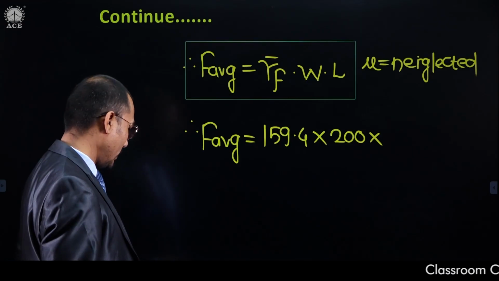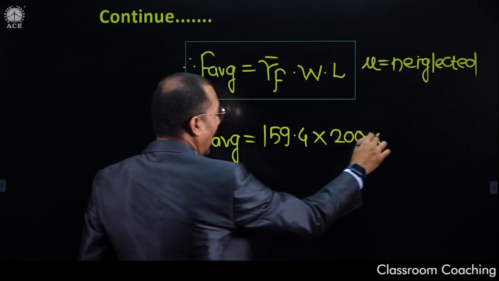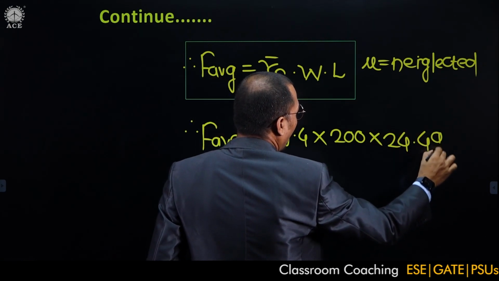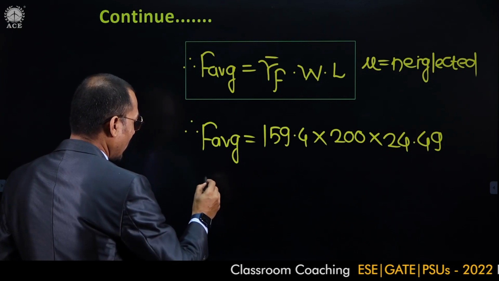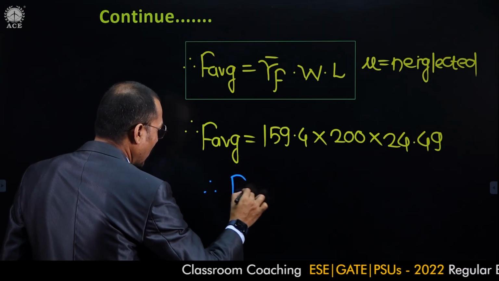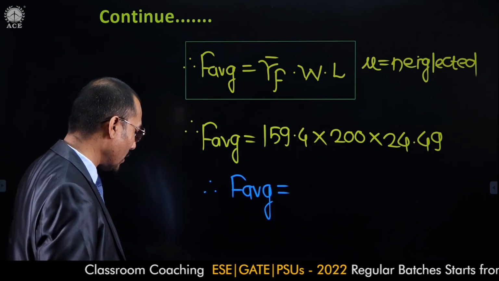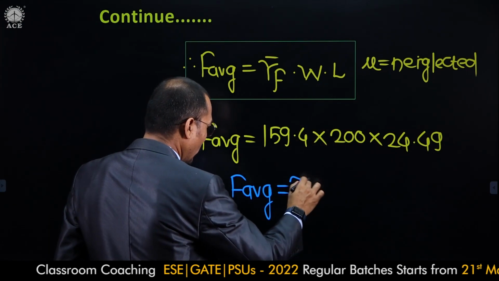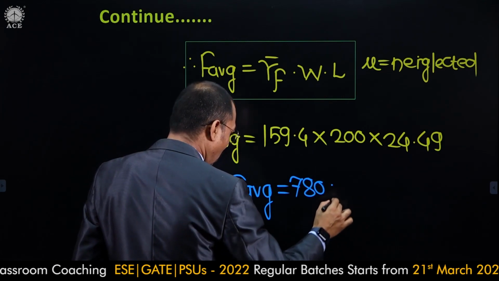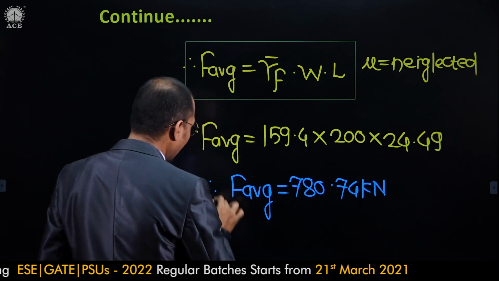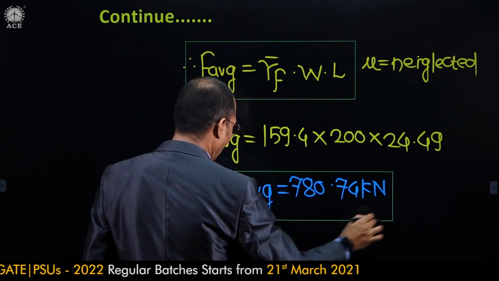Is this 200? Yes, I think so. It's 200, and the length is 24.49. If we calculate by this formula, the average rolling force comes exactly equal to 780.74 kilonewton.